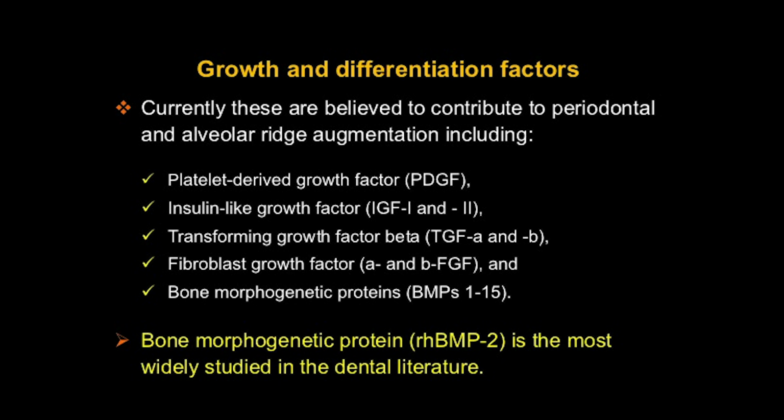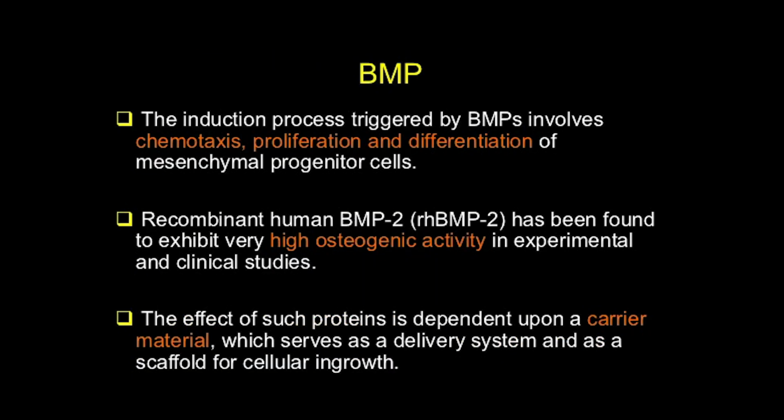These are considered the most widely studied materials in the dental literature for bone regeneration. The BMP induction process triggered by bone morphogenetic proteins involves chemotaxis, proliferation, and differentiation of mesenchymal progenitor cells.